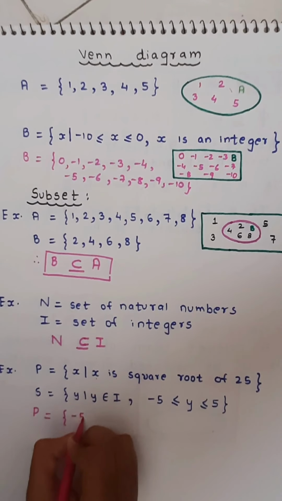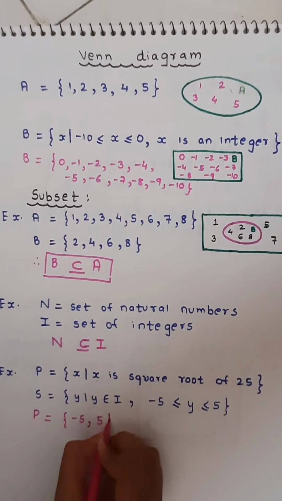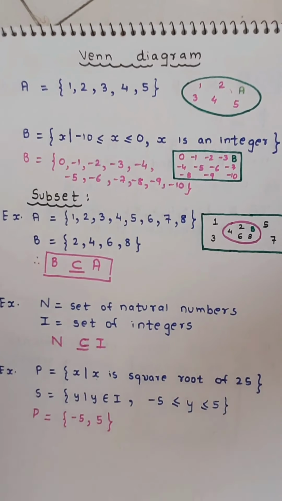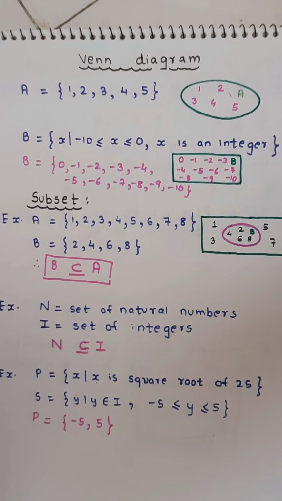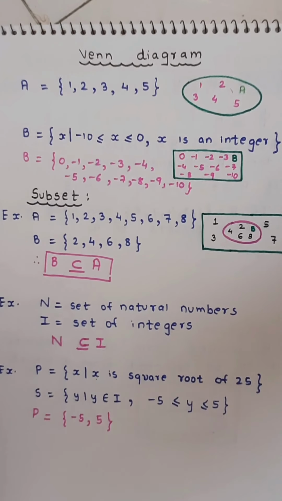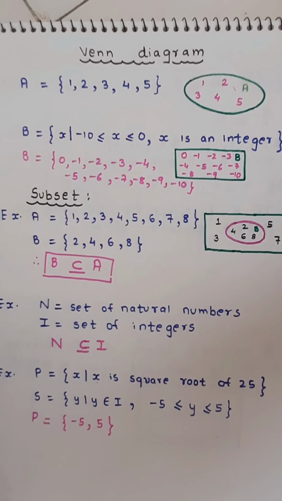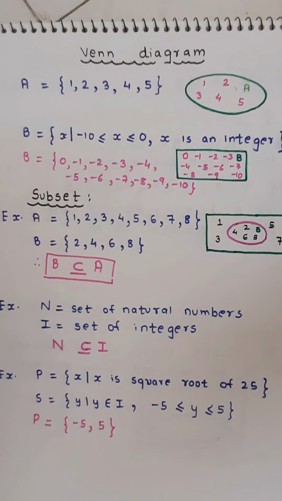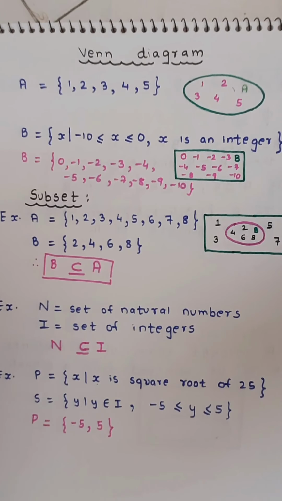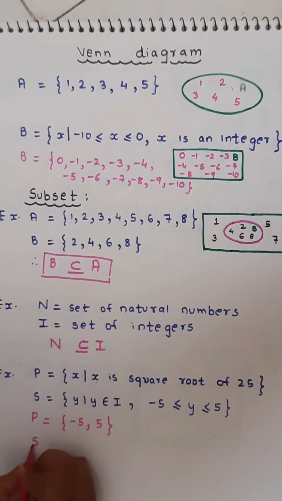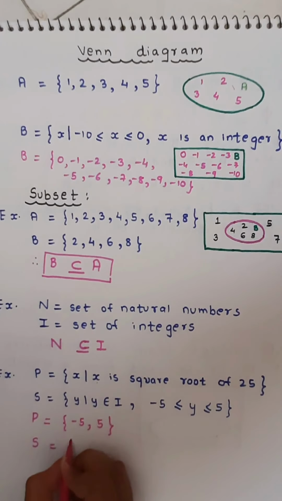Next you can read S, a set of all y such that y belongs to integers and y is between minus 5 and positive 5. So now we have to write it. Now how to write all those numbers in the given set? So now we'll write it. S is equal to, now let's write it in the listing format.